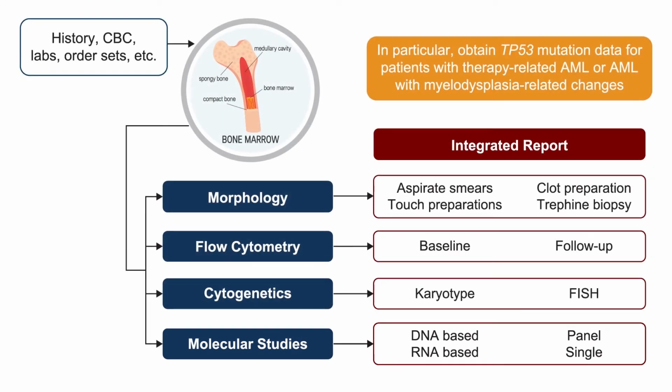And in particular for P53, we want to consider obtaining P53 mutation data on patients who have therapy-related AML or AML with myelodysplasia-related changes. This subset of patients with AML is commonly enriched for P53 mutations, and for reasons we will cover shortly, identifying P53 mutations in these patients is now of therapeutic value.